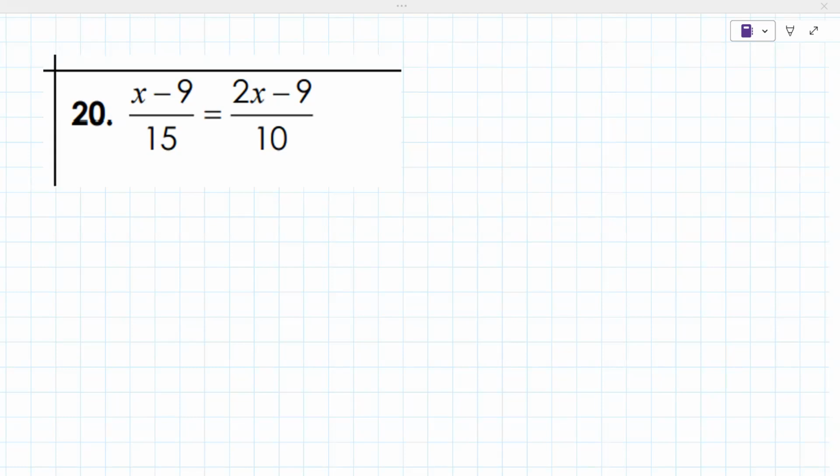Okay, so I got X equals 9 over 4. That is correct. Good.